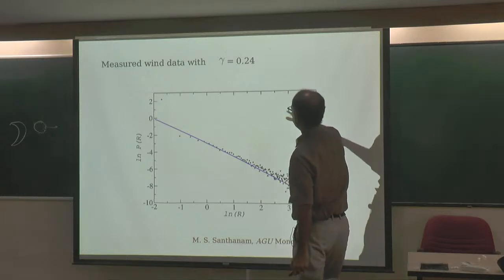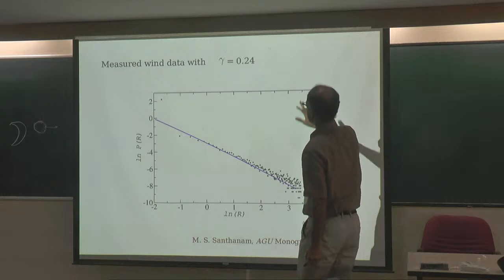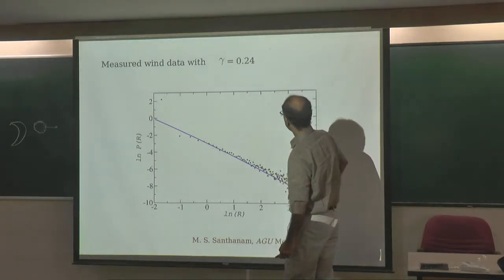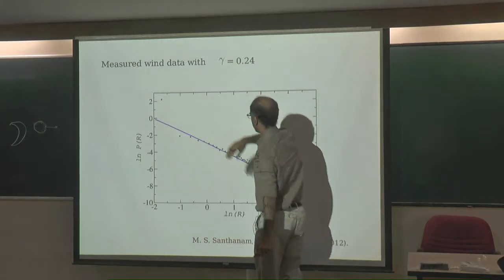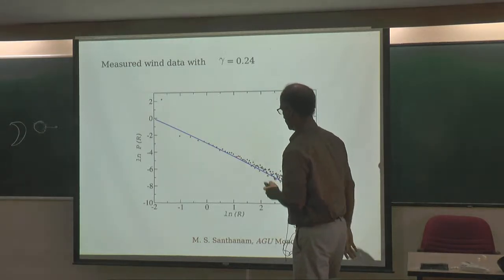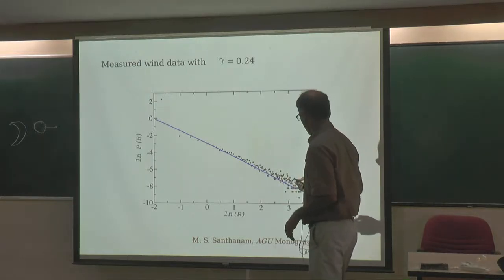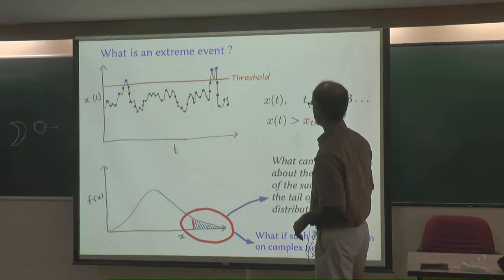We also checked it with one kind of data that I had at that time. It's a measured wind data, which had a gamma of about 0.24. The blue line is simply the plot of the expression that I have. Okay, so this is one part that I wanted to discuss.